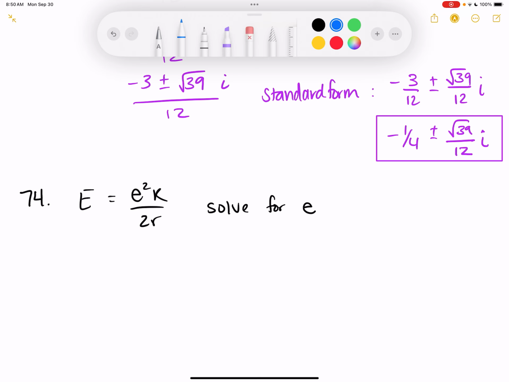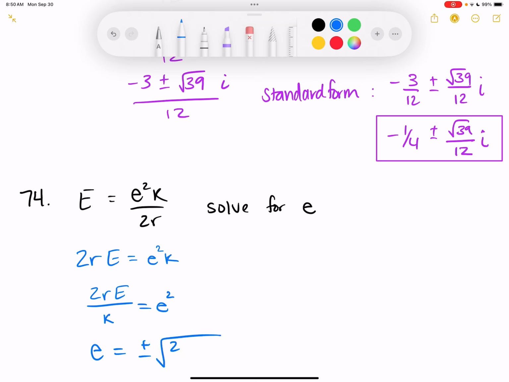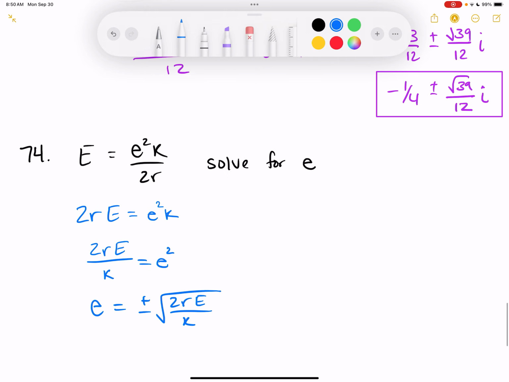So I'm going to have 2R times the capital E equals e squared times K. I'm going to divide by K, so 2R times capital E divided by K equals e squared. And then I need to take the square root from the square root property. When I do that, I need to make sure I have the plus or minus, so little e equals plus or minus the square root of 2R capital E over K. And that would be your final for that one.